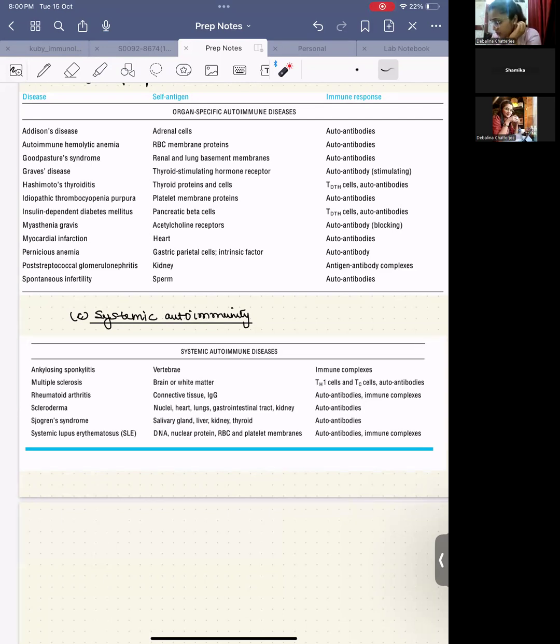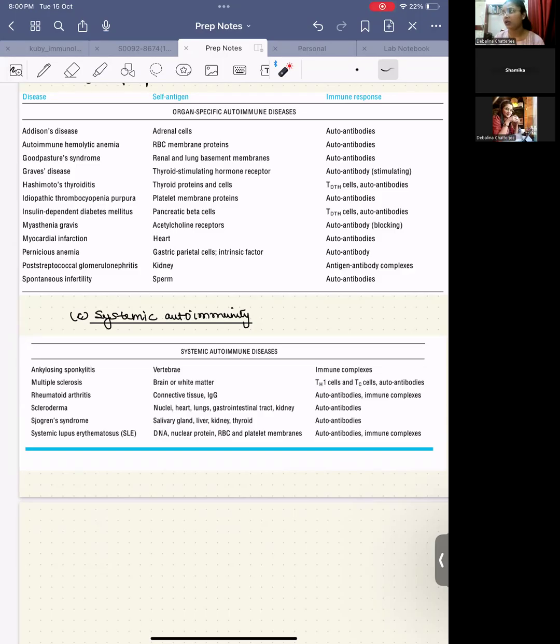So the deficiencies could be, say, if the complement system is deficient, if there's one or the other protein of the complement system that is not getting produced, or if the phagocytic ability of the macrophages is deficient, or if we have lymphocytes which are not properly mounting the immune response. Those are some of the examples of your primary immune deficiency.